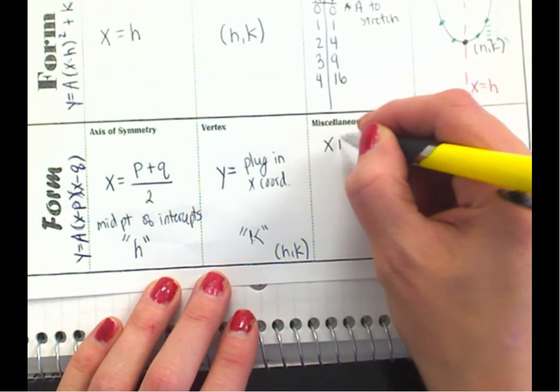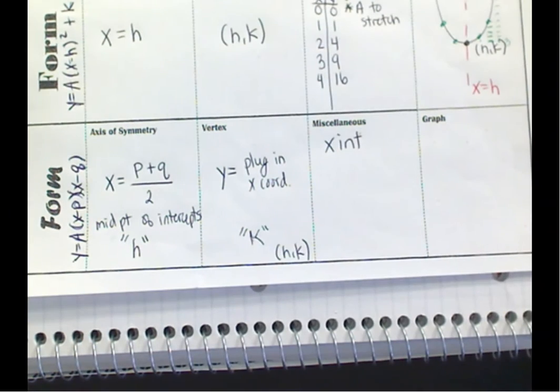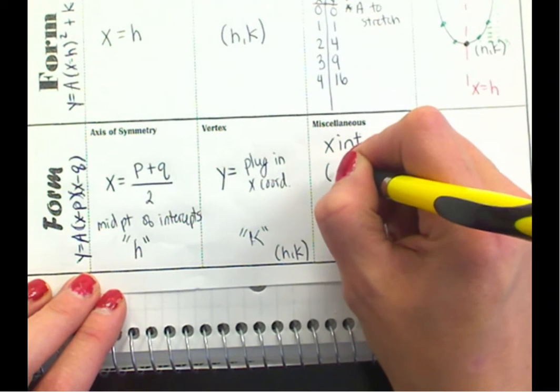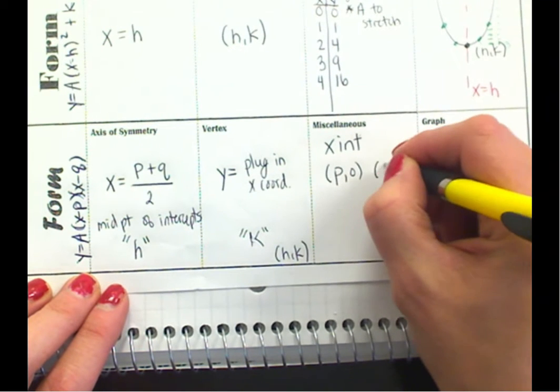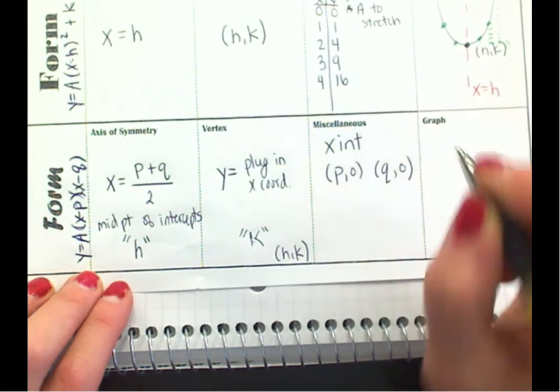Miscellaneous. The miscellaneous is kind of like the special things that come from this format. Well, if I'm given intercept form, it's really x-intercept form. I have the x-intercepts. p, comma, 0 and q, comma, 0.